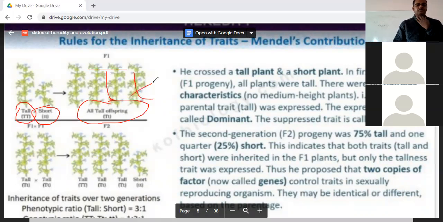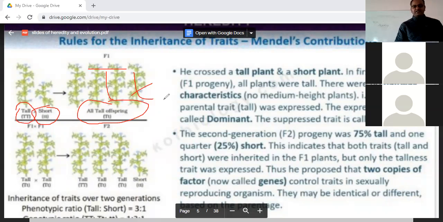Now students, can you tell me why we are saying that all the plants we are getting in the F1 generation are tall? Anyone? For that you need to be unmuted. Raise your hand. Though we are crossing the tall plant with the dwarf plant, the dwarf gene is also there.